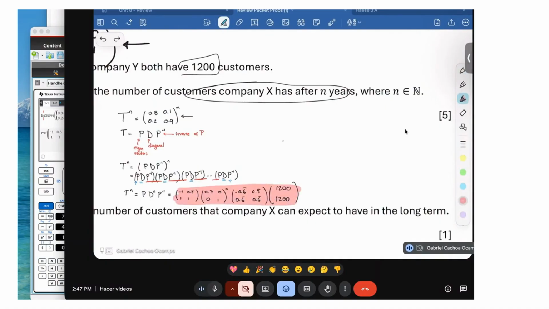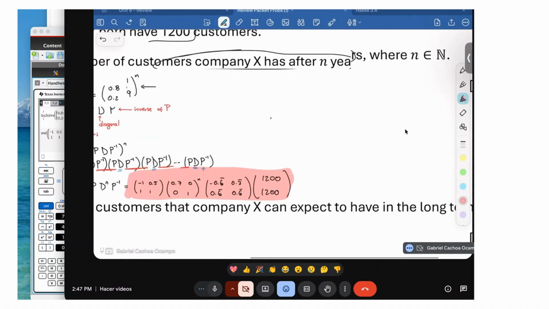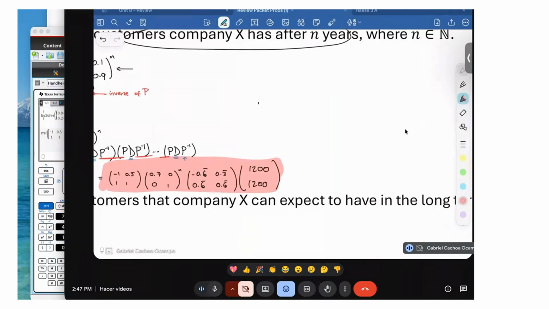I am gonna ask for this. And so what do you have to do now? You actually have to do the multiplication by hand. Just observe that this is the same.